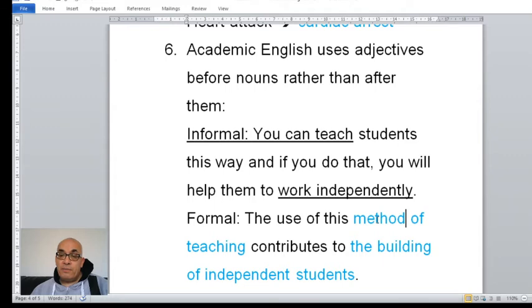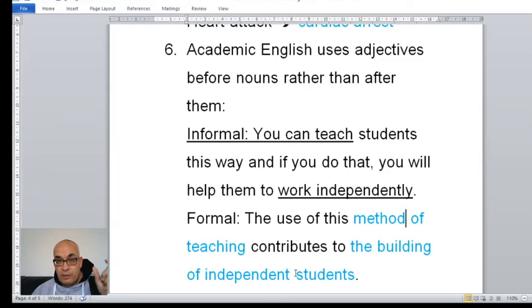So what do I do? As I say here, I use adjectives before nouns rather than after them. So the use of this method of teaching contributes to the building of independent students. Independent is an adjective, and I use it before students. Students is the noun.